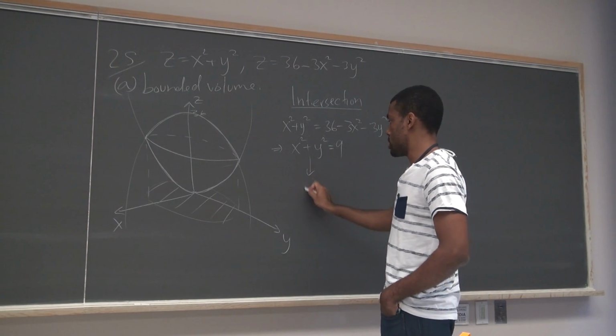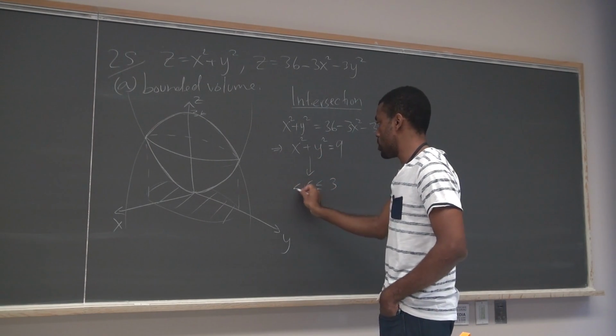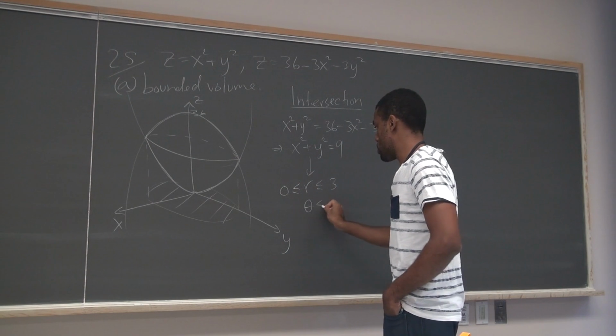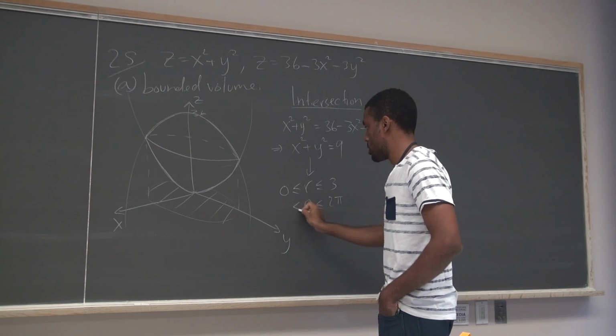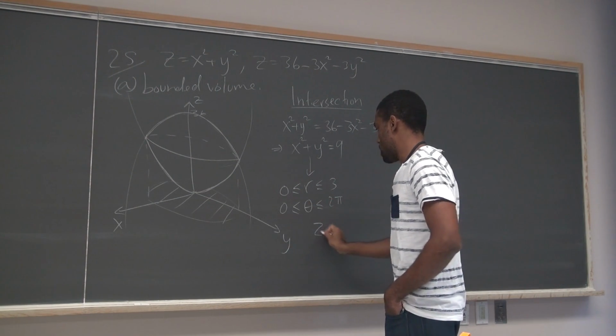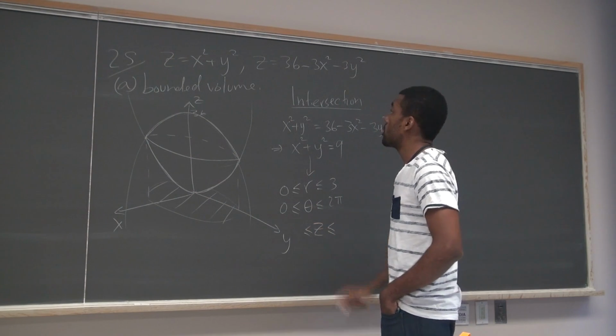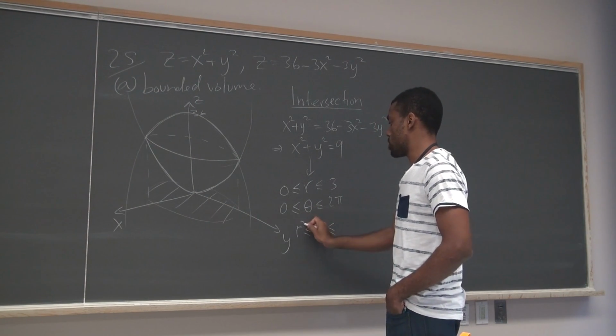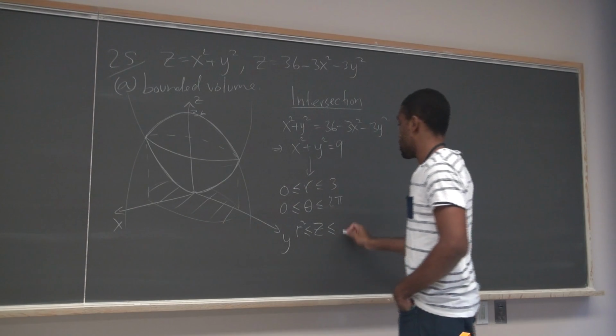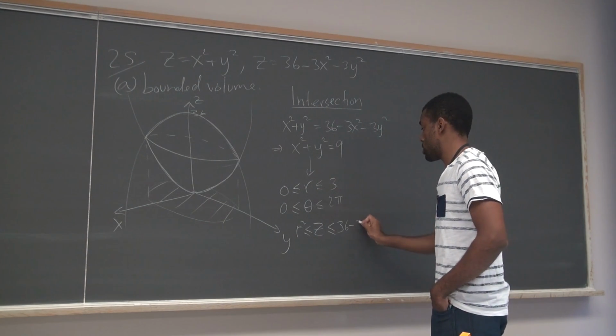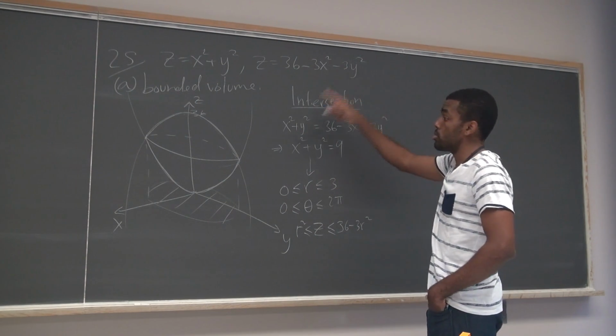I can describe this as r going between 0 and 3, theta going between 0 and 2 pi, and z going between r squared, which is the bottom surface, up to 36 minus 3r squared, which is the top surface.